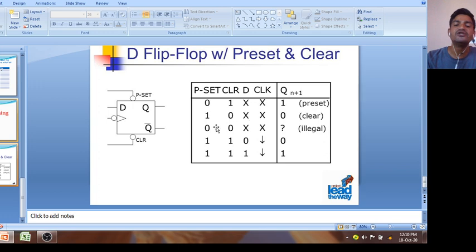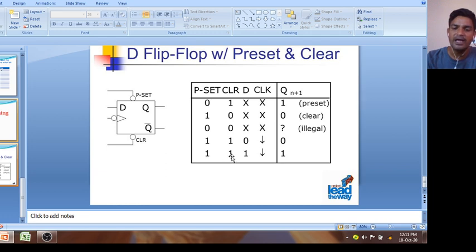Okay, when 0 0, you cannot give both the inputs 0 at the same time, so this is an illegal or invalid condition. Next, when both are 1 1, now your flip flop will work normally. Means if it is 1 1 and the value of D is 0, output will be 0.